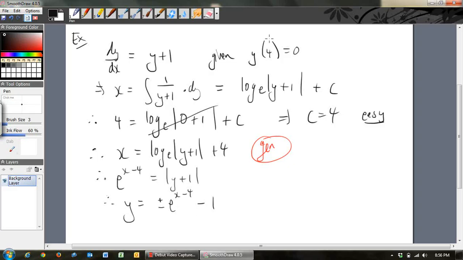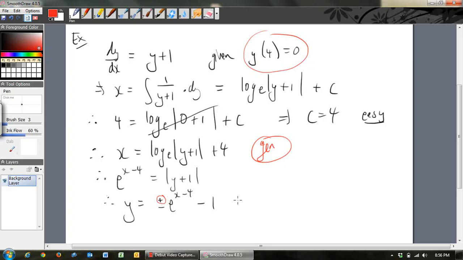Well, again, just check your initial values here. We've got y of 4 is equal to 0. If you substitute in x is equal to 4 into here, what do you get? You get e to the 4 minus 4, that's e to the 0, so that's 1. This must be equal to 0, so therefore it has to be positive. So it needs to be this positive solution.